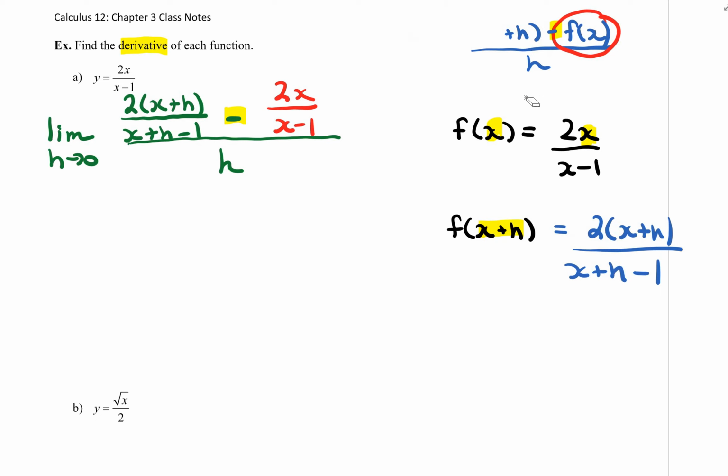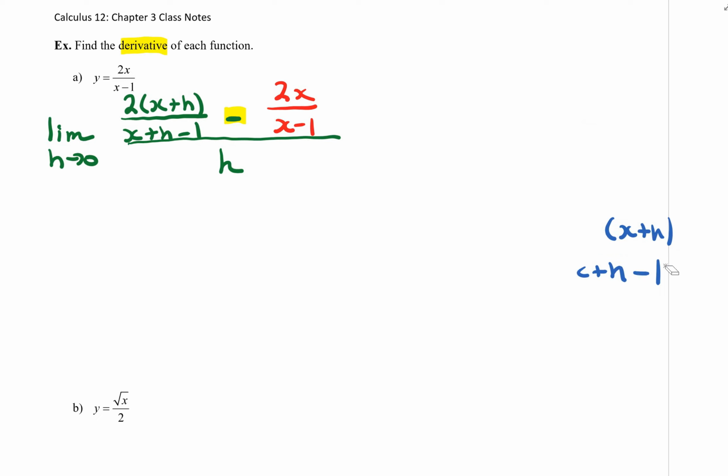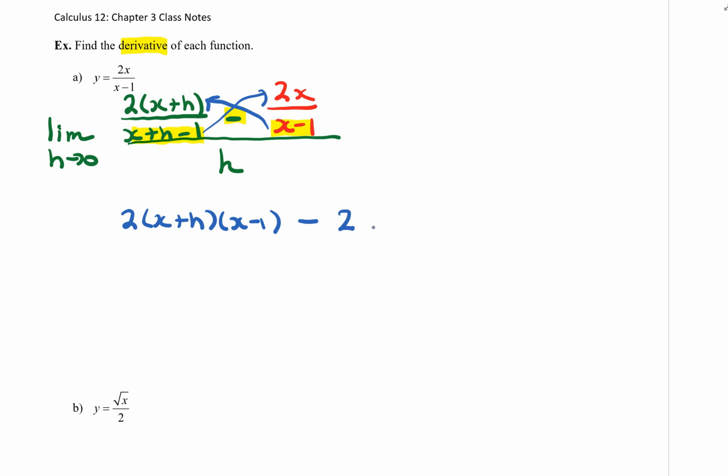I'm going to erase all this. Alright, so now in order to finish this problem, you're just using a lot of algebra here, right? So I'm going to use the crisscross smiley face technique first. In order to do that, I will take this part right here, x minus 1, and I'm going to multiply that with this numerator right there. So I get 2 bracket x plus h bracket x minus 1 minus, and then I'll take this part right here and multiply with that. So that's going to be 2x bracket x plus h minus 1.